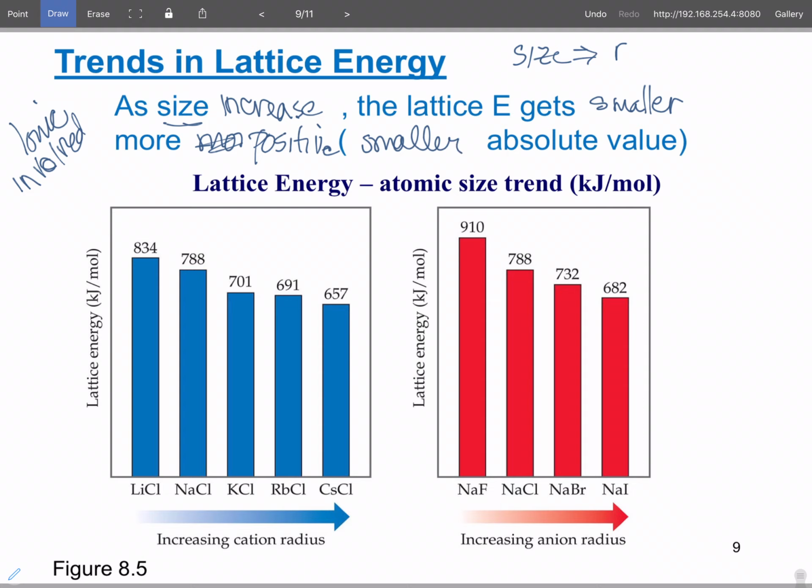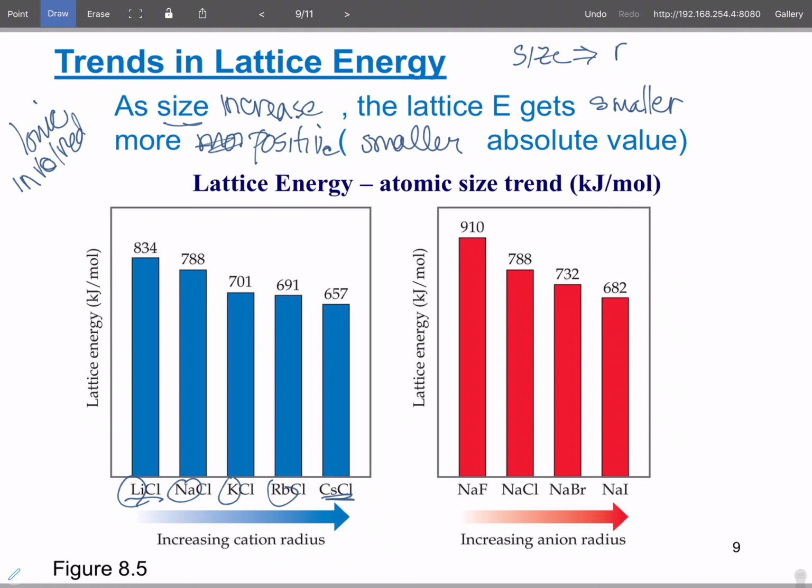So if you're looking at these values, as you go up here to cesium chloride, lithium is the smallest, the chlorides are all the same. So we're looking at lithium, sodium chloride, potassium. So as the ion size gets larger, your R value gets larger, so therefore your energy drops.